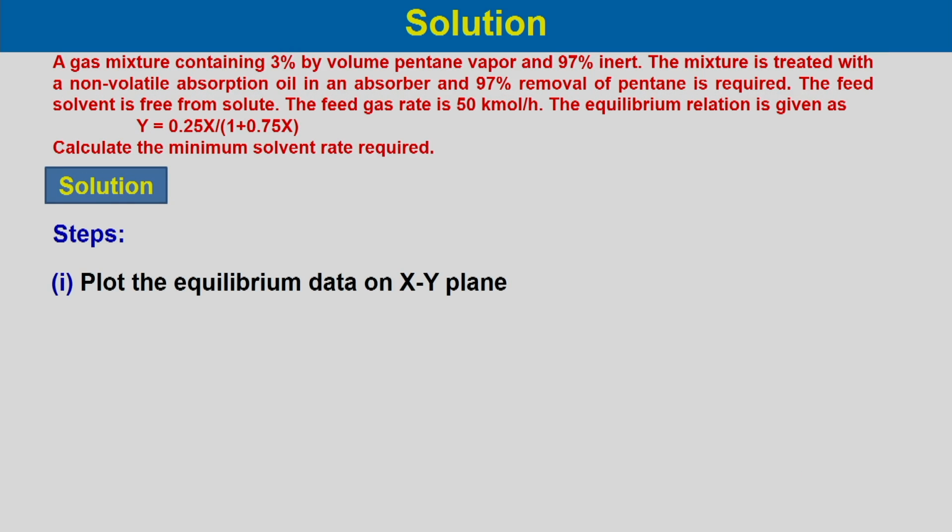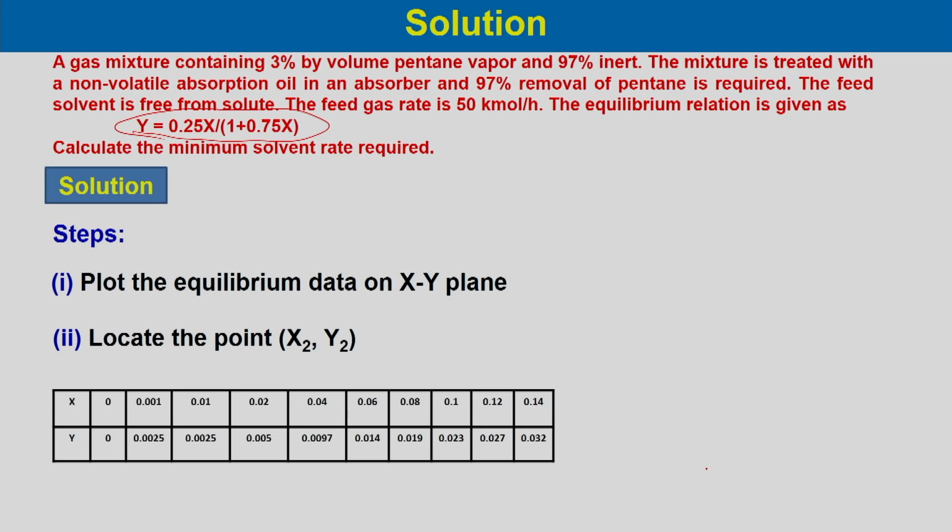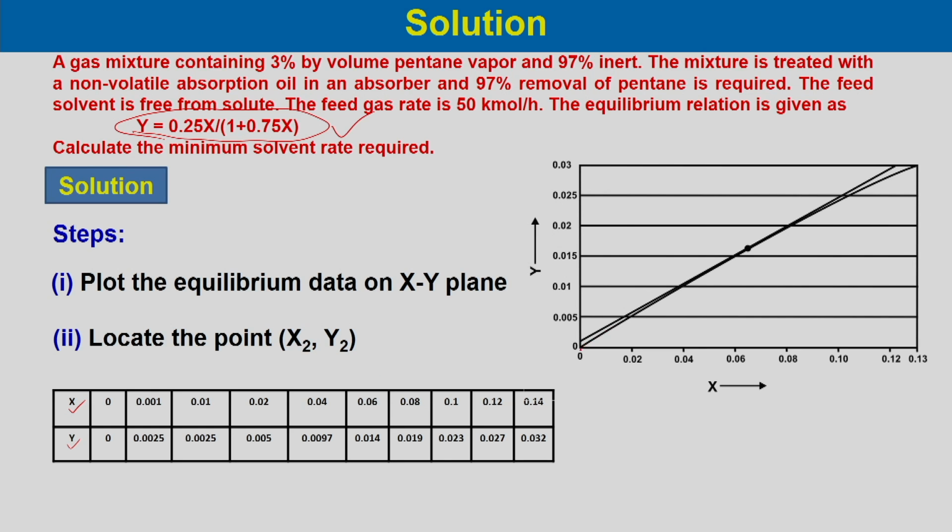Now, what we need to do with the equations given for the equilibrium relation: we can draw the XY plane, the equilibrium curve, and then locate the point capital X2, Y2. These are the data which we can calculate from this equilibrium relation, capital X and capital Y. This is the equilibrium data, and if we plot it, this is the equilibrium line.